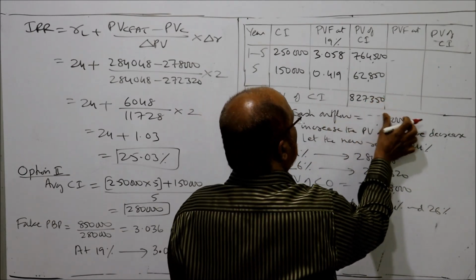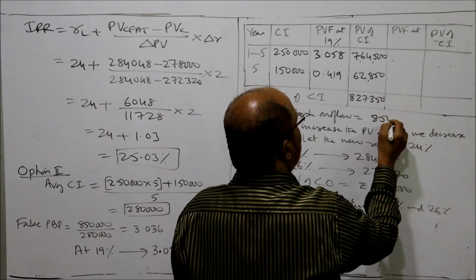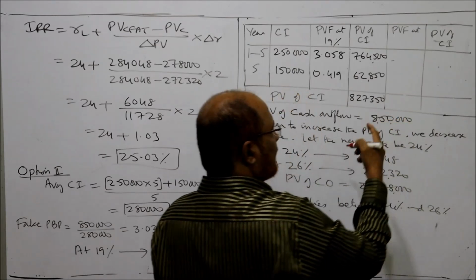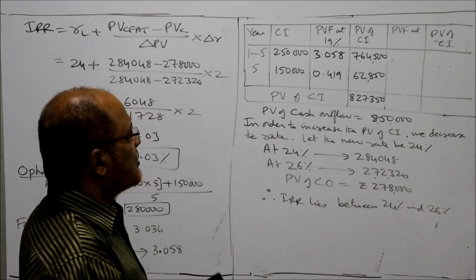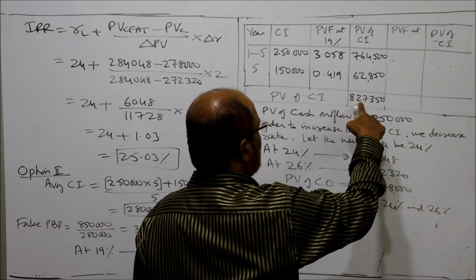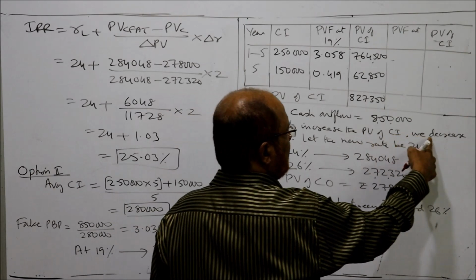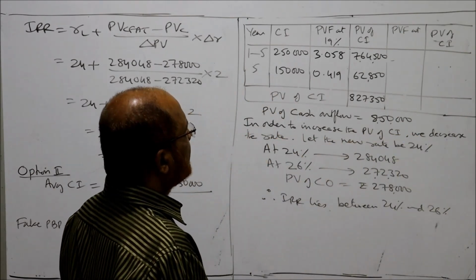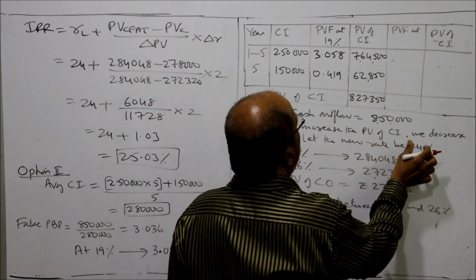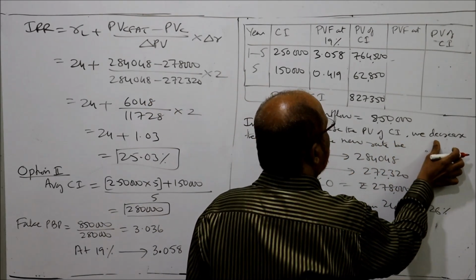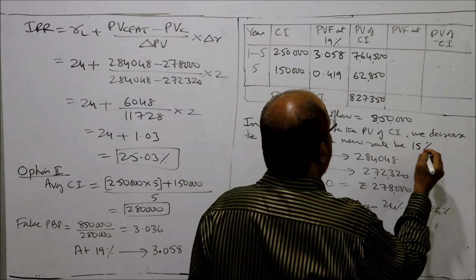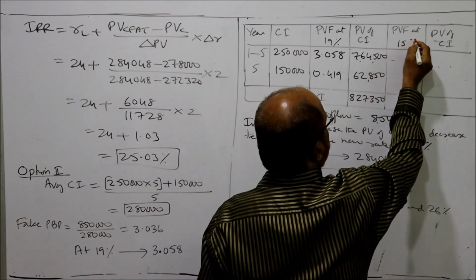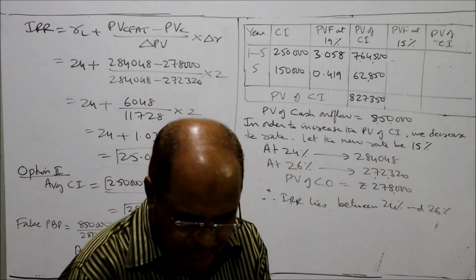The PV of cash outflow is 8,50,000. We got 8,27,000. So in order to increase the PV of cash inflow, we have to decrease the rate. Let us take it as 15%, arbitrarily.